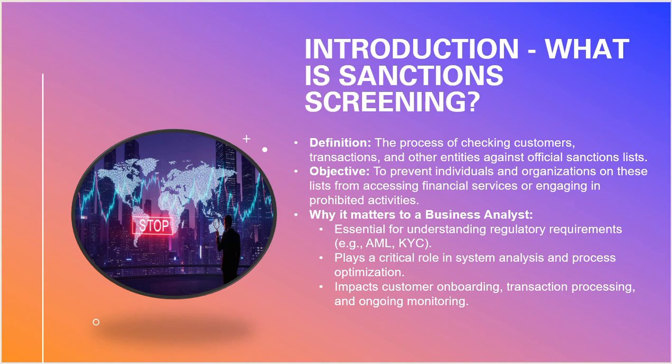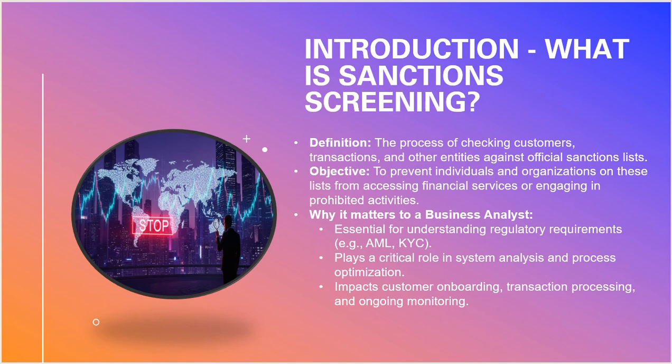So, introducing what is sanction screening. Basically we need to understand what sanction screening is. Sanction screening is a process of checking customers and customer transactions or other entities against the official sanction list. There are different bodies, like the Financial Action Task Force, the OFAC body, or the regulatory body, the government body, the financial intelligence unit, or the central bank, that define some sanction lists.